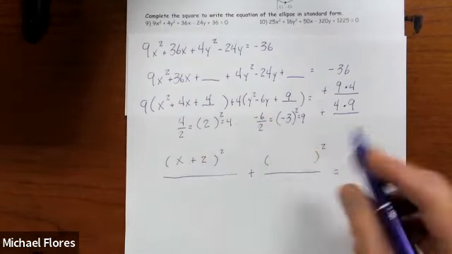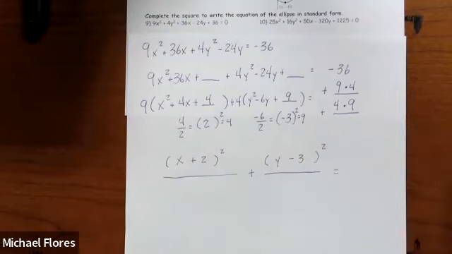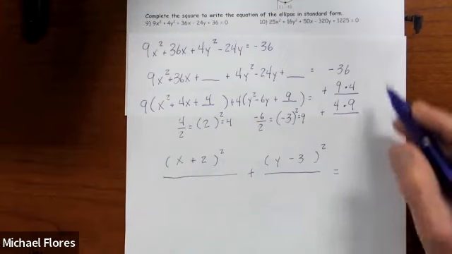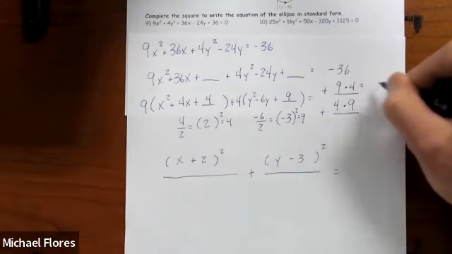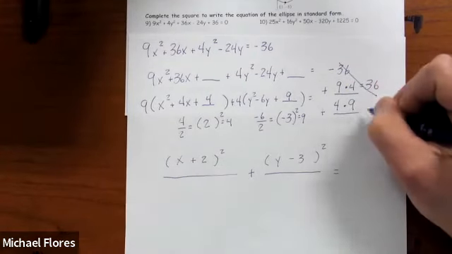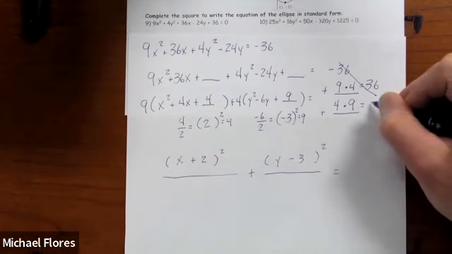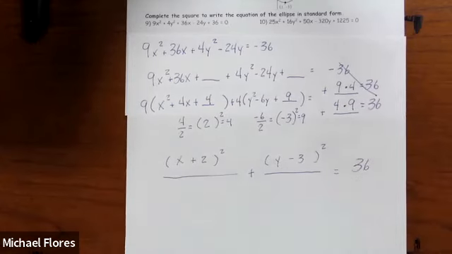Here, we have a -3, so we're going to do y -3 here. Equals, well, -36. 9 times 4 is 36. Those cancel. 4 times 9 is 36. So all we have left is 36.